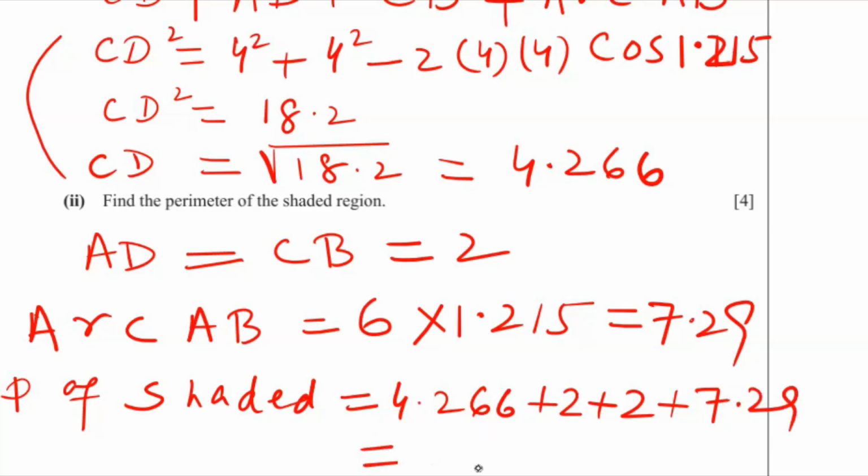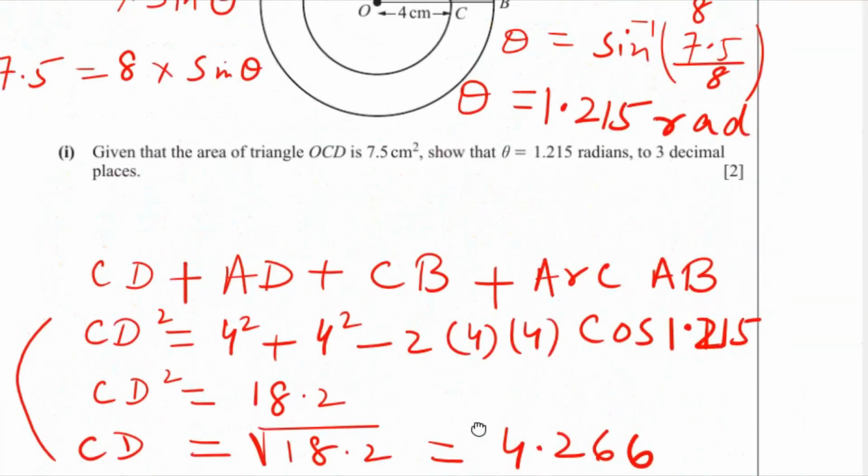Add all these, you will get 15.556 centimeter. So this is our final answer for the perimeter of the shaded region. Hope you understand the entire part number 2.